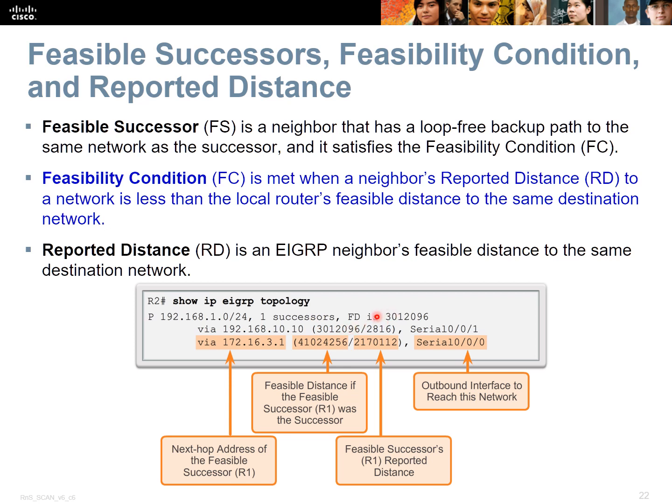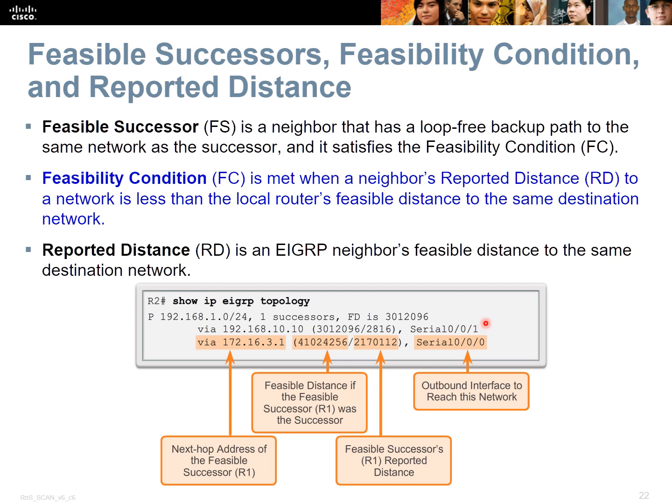This is the total feasible distance, and the second value is what your neighbor has told you is their feasible distance, or their reported distance. So here, the reported distance from our neighbor is 2 million. So when the reported distance is less than the current feasible distance of the successor, then this route is flagged as a feasible successor, a second best.